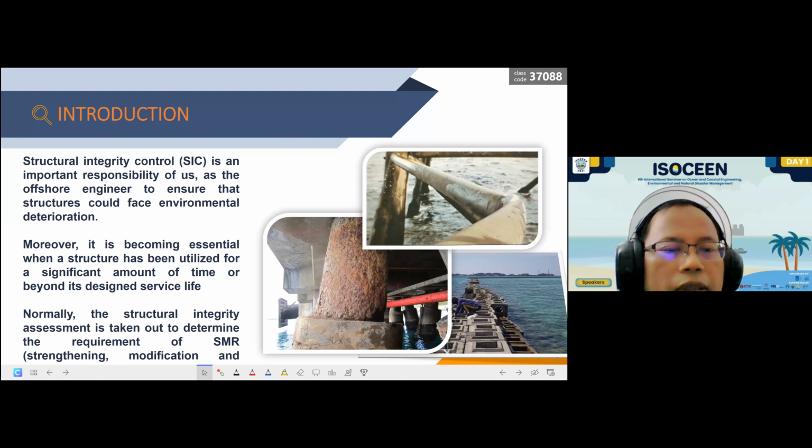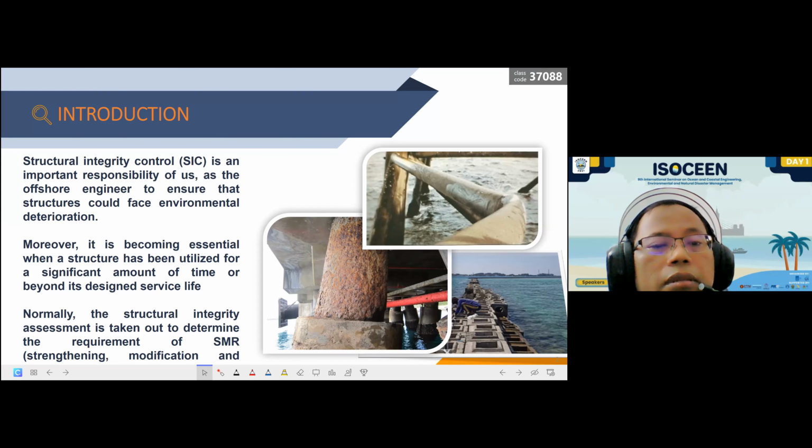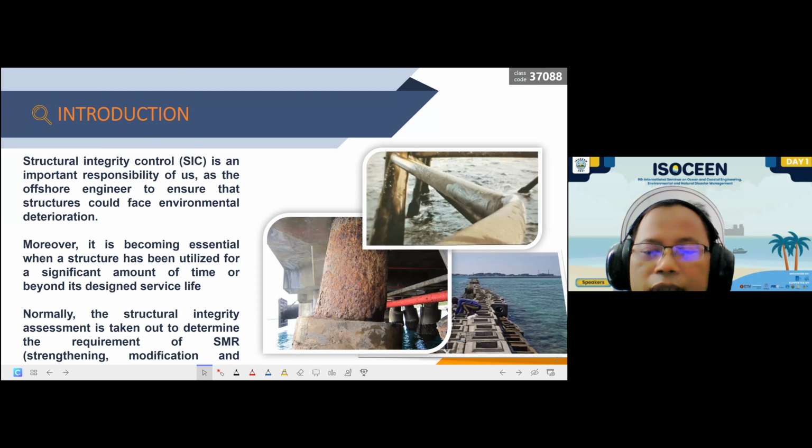First of all, this picture shows some of the damaged structures in the marine area.